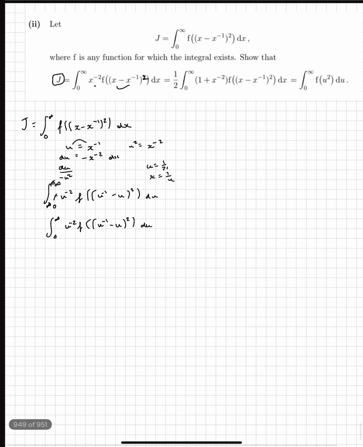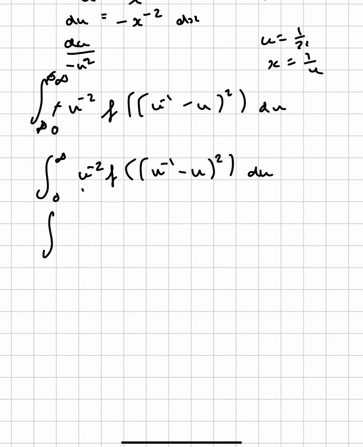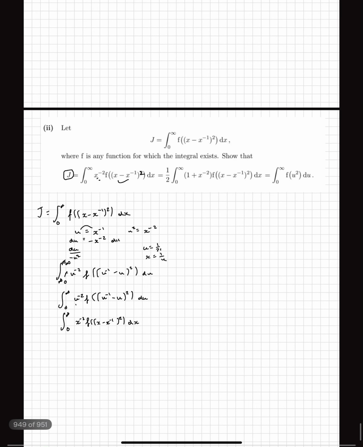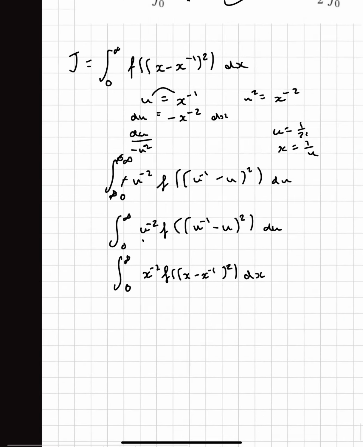And x and u are just variables; it doesn't matter what we call them, so we can call this x to the minus 2, f of x to the minus 1 minus x squared dx. That fulfills that form, so this can be equal to j.